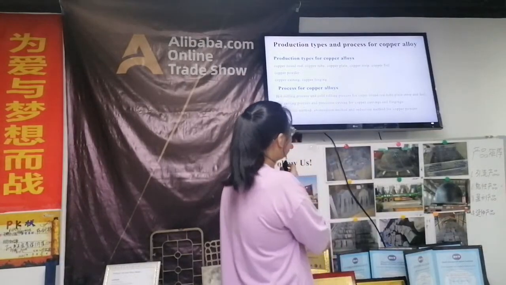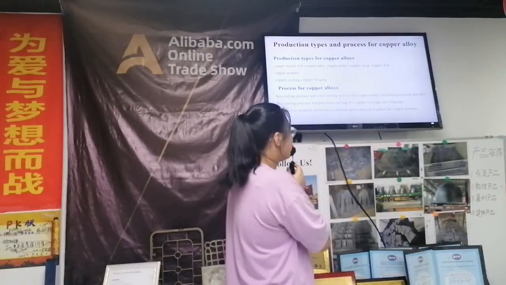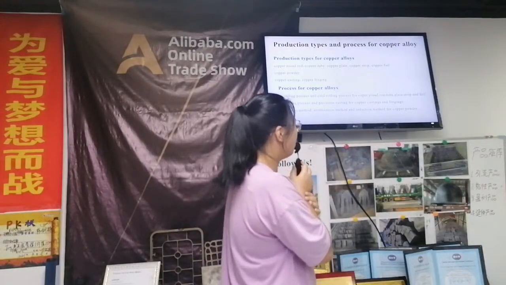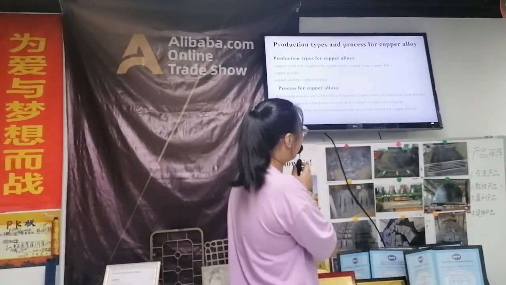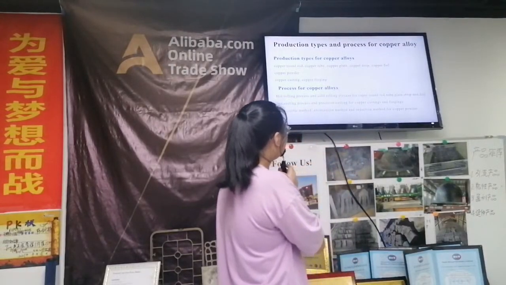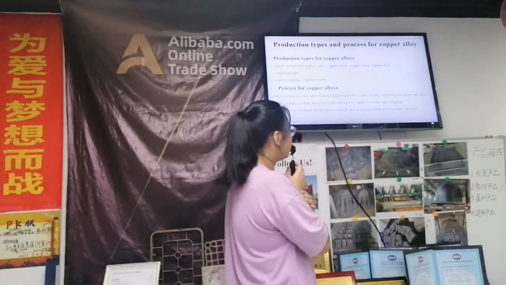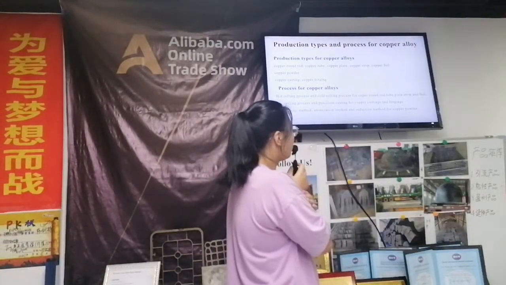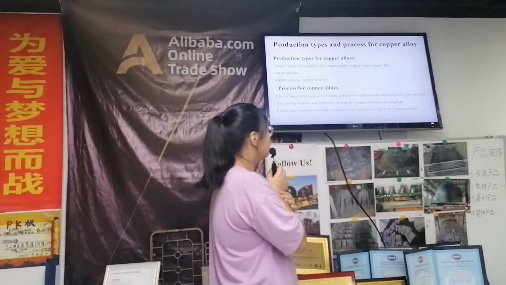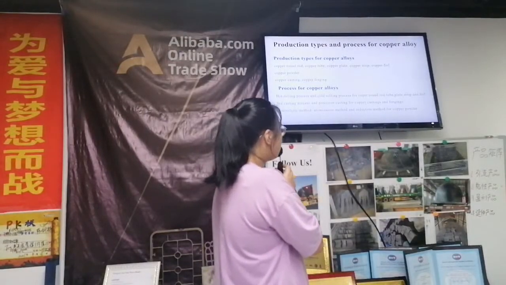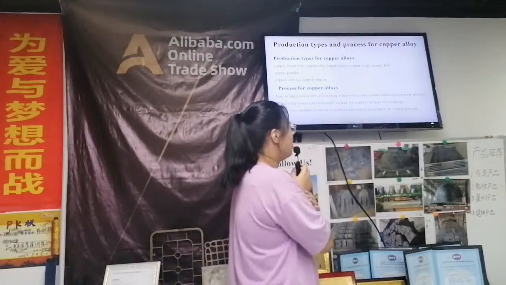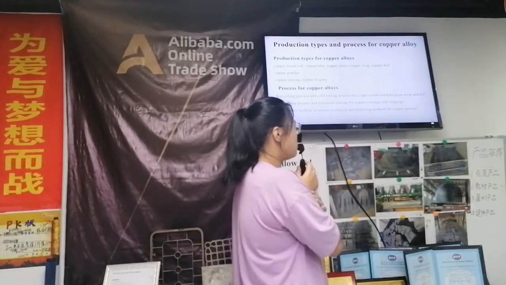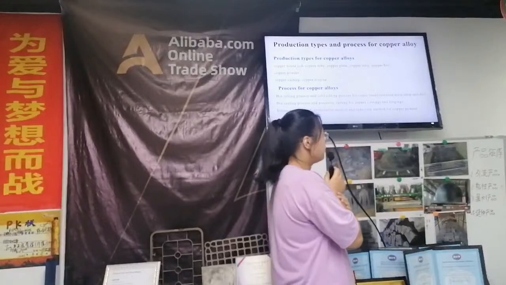Hot rolling process and cold rolling process for copper rods, tubes, plates, and foils. Die casting process and precision casting for copper castings and forgings. Electrical method, optimization method, and reduction method for copper powder.